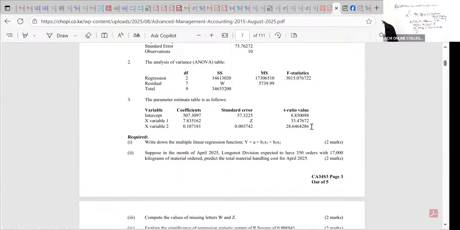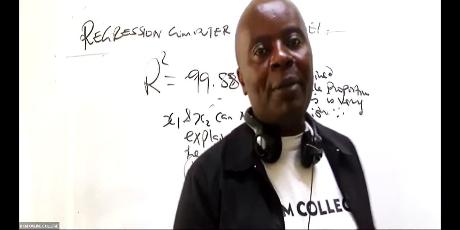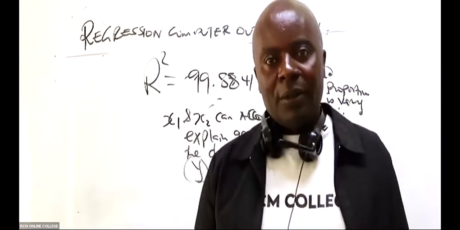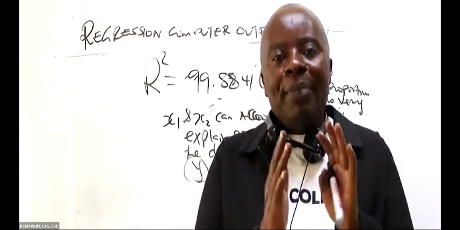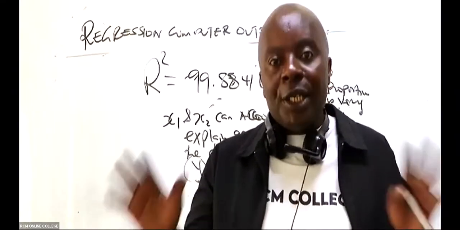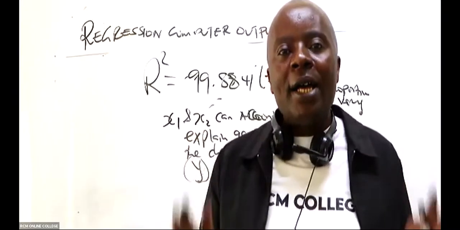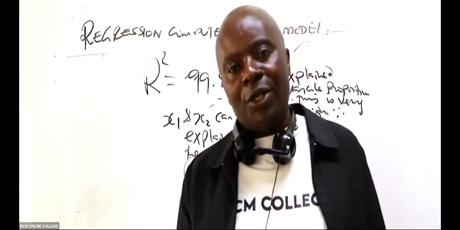So in that case you simply tell us that X1 is more significant than X2, simply because it has a higher T ratio. They never wanted you to do any significance test. On the basis of the T ratio values between the two, the more significant one is the one that has a higher T ratio.